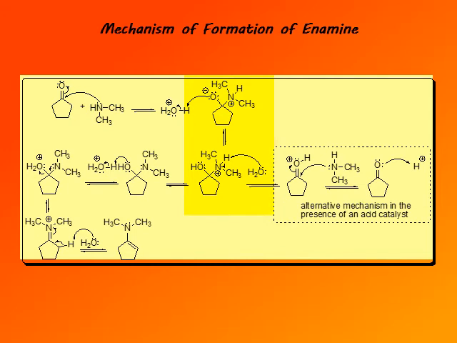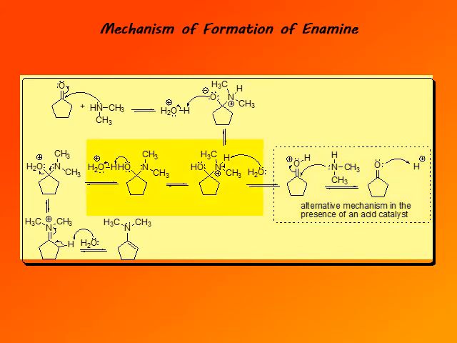This is the intermediate that could also be obtained in a slightly different way. So the first step could actually involve protonation of the carbonyl group followed by attack of the nitrogen nucleophile. And actually this step could also operate in synthesis of imines. So either way, through either of the two possible pathways, this ammonium alcohol could be obtained.